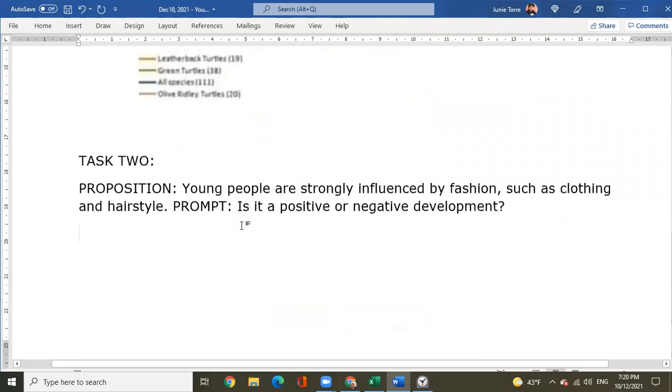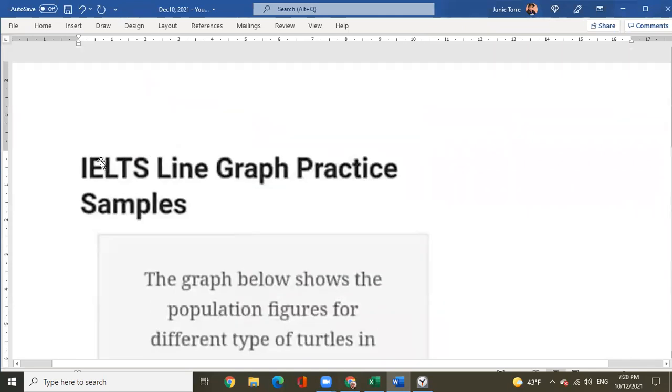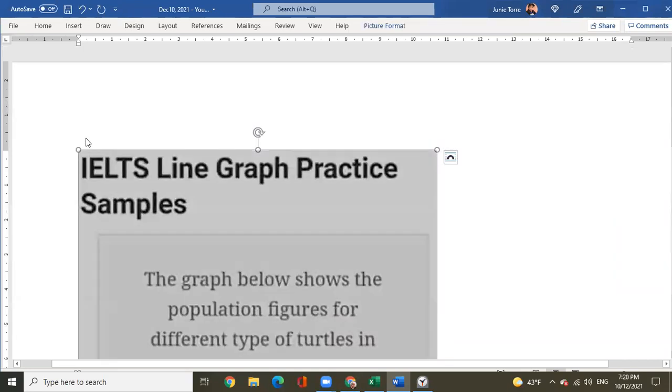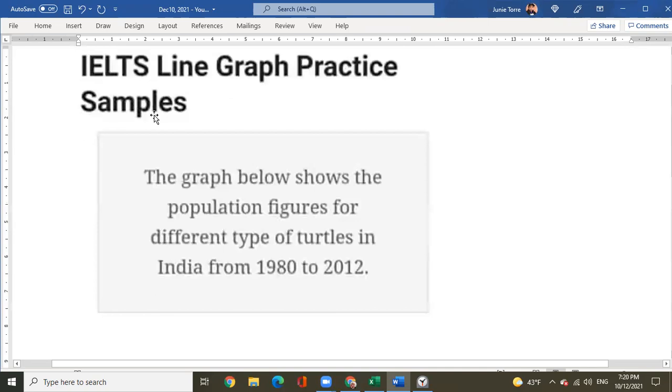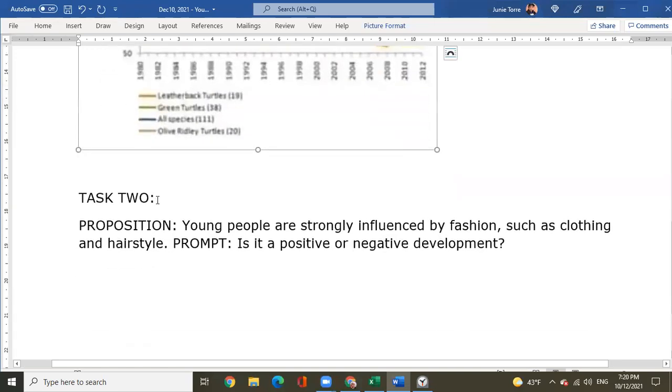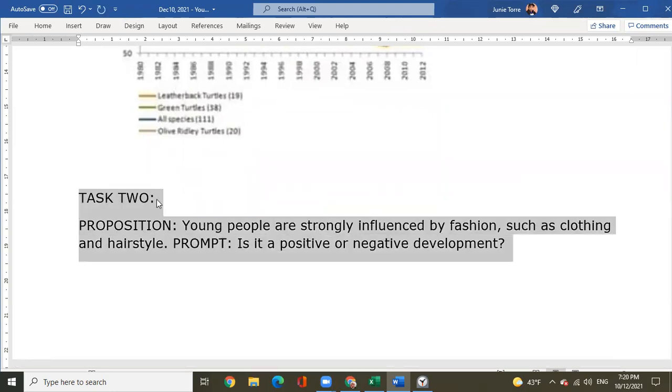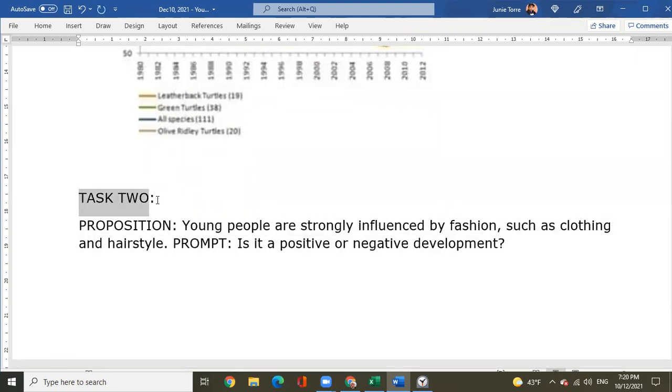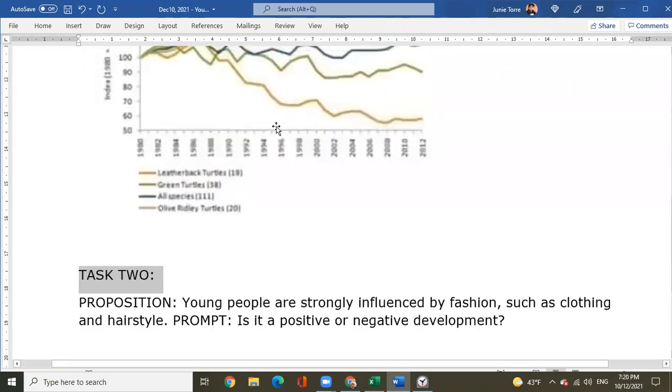So the question now is, which would I advise for you to do first? The answer depends on your preference. Some people would rather do task two first, realizing it's the weightier task. It's like two thirds of your grade, that's why they do task two first.